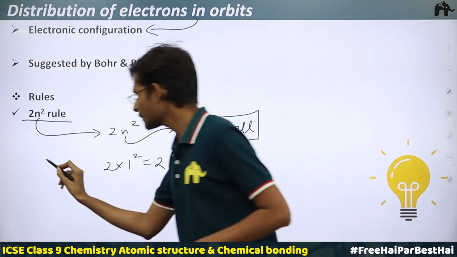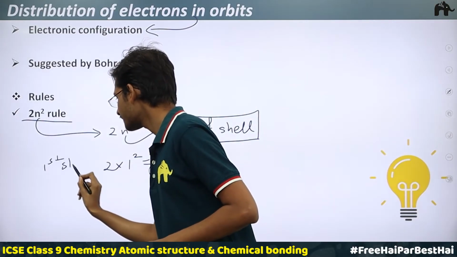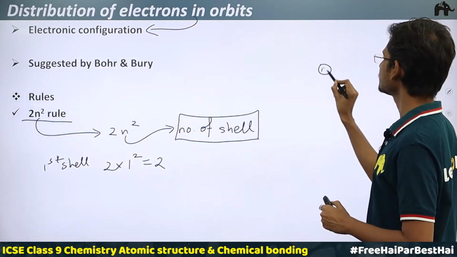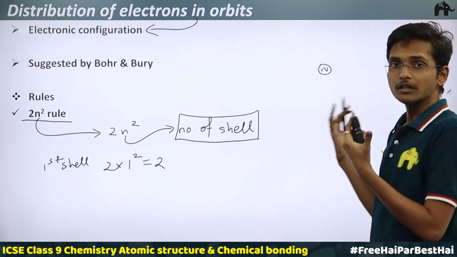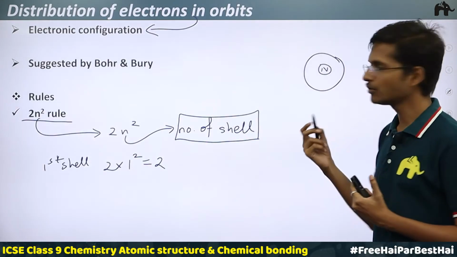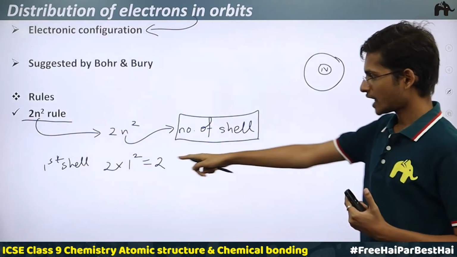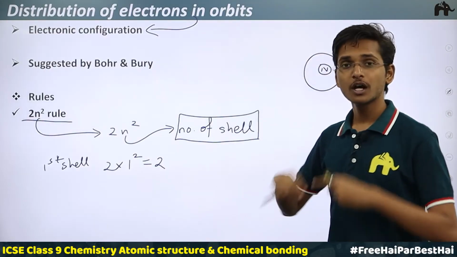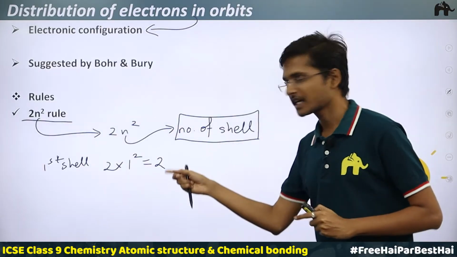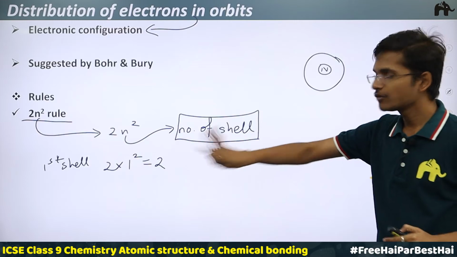So here we were talking about the first shell. I'm just going to represent it in this way, so it would be easier for you to remember or visualize. So this is the nucleus, and this is the first shell we are talking about. Here I have calculated, using the 2n square rule, the maximum number of electrons which can be accommodated in this first shell.